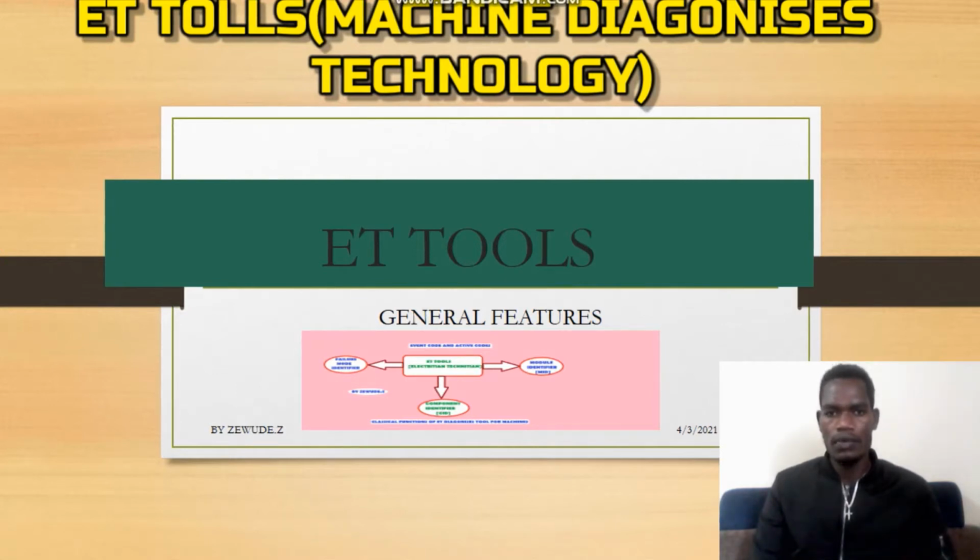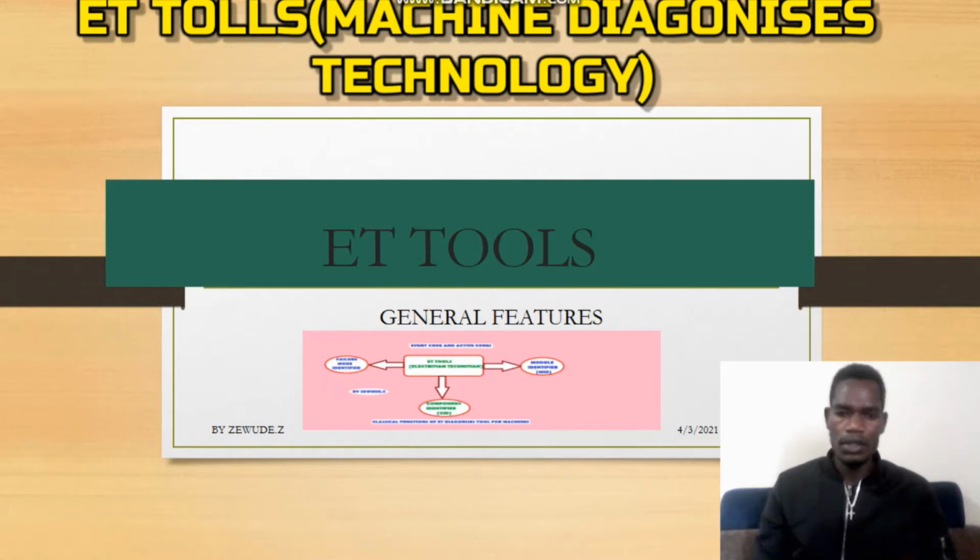During the time of failure, we use those ET tools in order to diagnose and fix a certain problem, assuming the given machine or system was exposed to such obstacles. So those ET tools are very important nowadays for so many electronic devices.